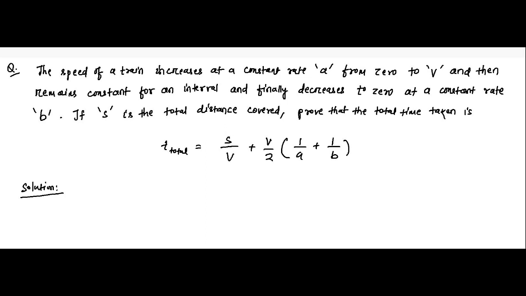Okay, initial speed 0 to final speed v at a constant rate of acceleration a, and then it remains constant for a particular interval, and then finally decreases to 0 at a constant rate of deceleration b, small b. If small s is the total distance covered during this entire duration, prove that the total time taken, t total, is equal to s by v plus v by 2 into 1 by a plus 1 by b.